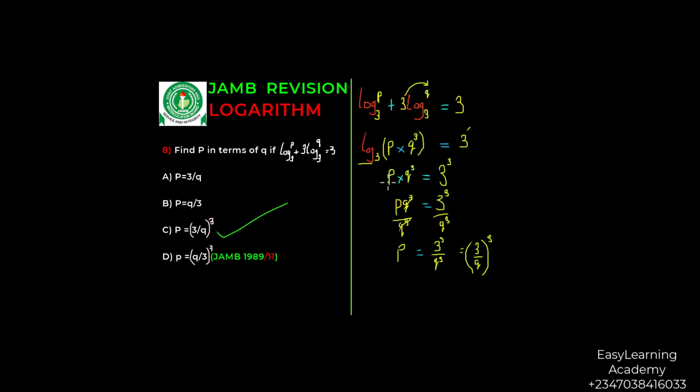Multiplying this out, P times Q raised to the power 3 gives us PQ raised to the power 3, and we want P, so the coefficient of P is Q raised to the power 3. Dividing both sides by Q raised to the power 3, we are left with P equals 3 raised to the power of 3 over Q raised to the power of 3. And we went on to simplify it because the powers were the same, into brackets with everything raised to the power of 3, and option C was the correct option.